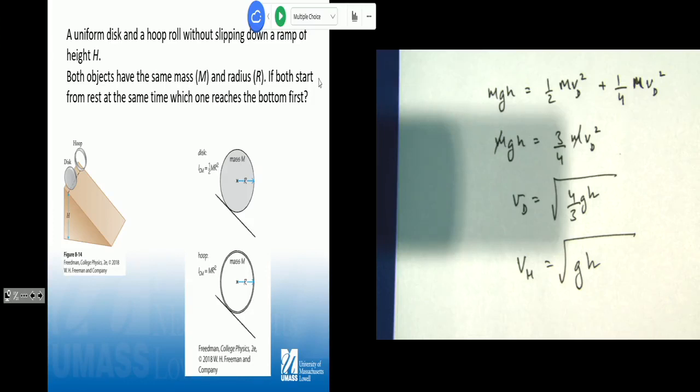Okay. Now, mass cancelled out completely. These speeds depend purely on the height and how the mass is distributed. So the mass and the radius are completely irrelevant. Does this make sense? So if the question was a marble and a basketball roll down the incline without slipping, which one gets there first?